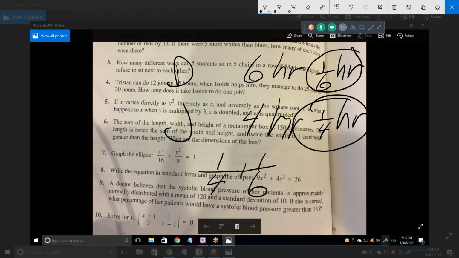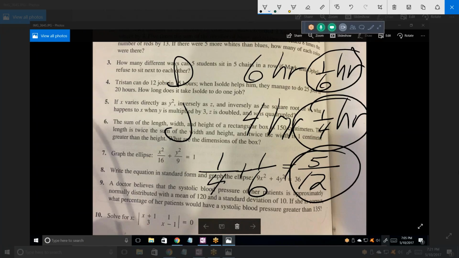That's 3/12 and 2/12. Together, we've painted 5/12 of the house. So how long would it take both of us to paint the whole house working together? 12/5. That's the way you do these problems.